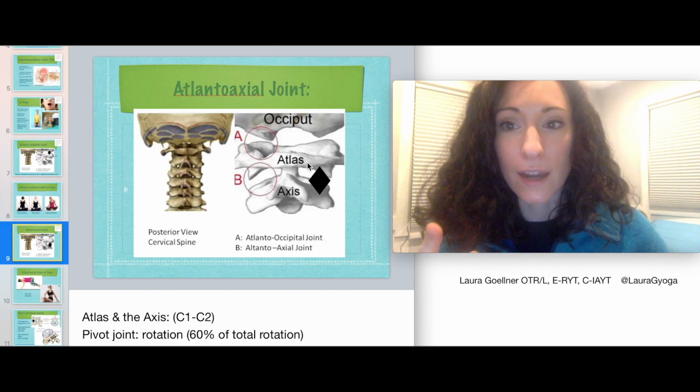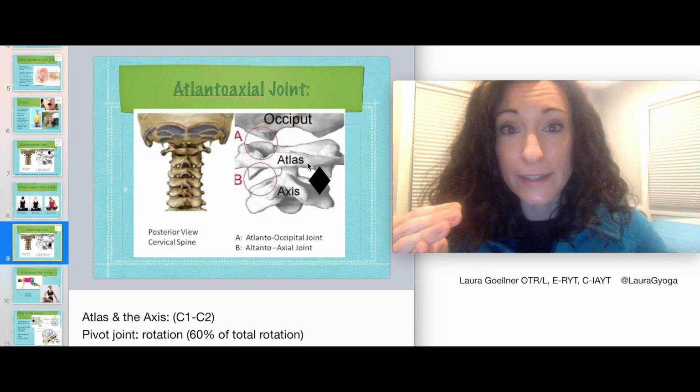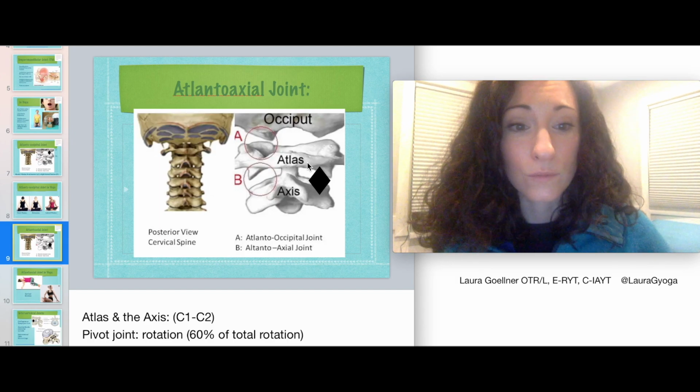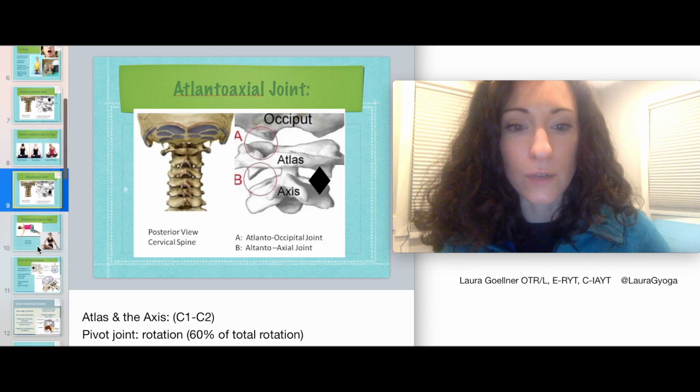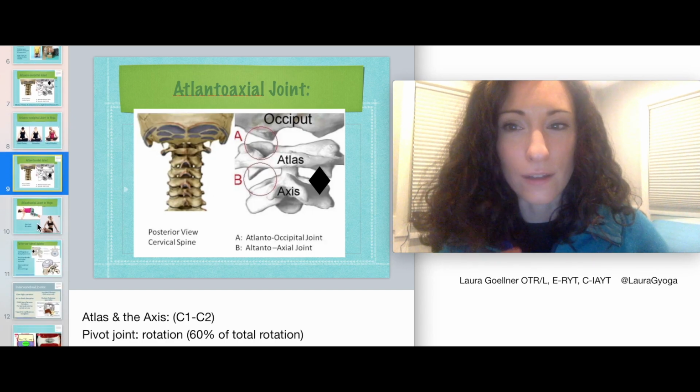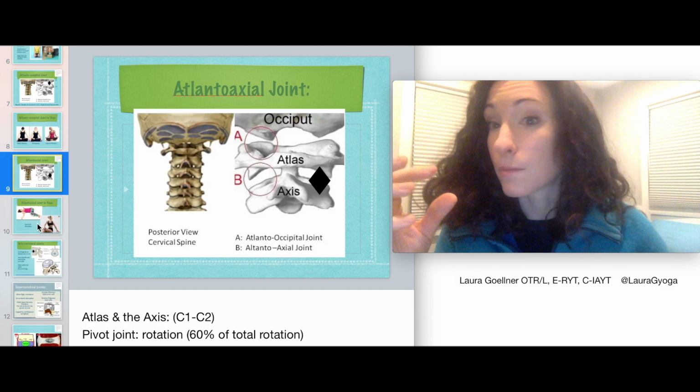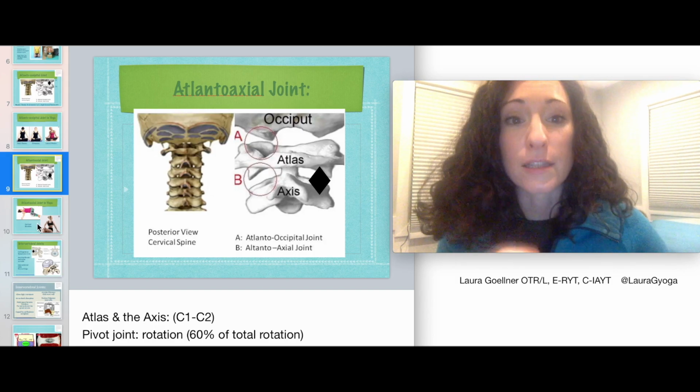So right there, we have all the major movements that our neck does, almost taken care of with C1 and C2, and we're ready to go. But that's where we can see how the upper cervical is going to give us a lot more movement than the lower cervical. So upper cervical is mobile, lower cervical needs to be stable.